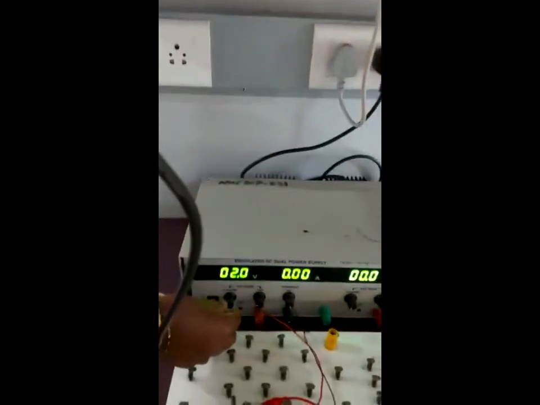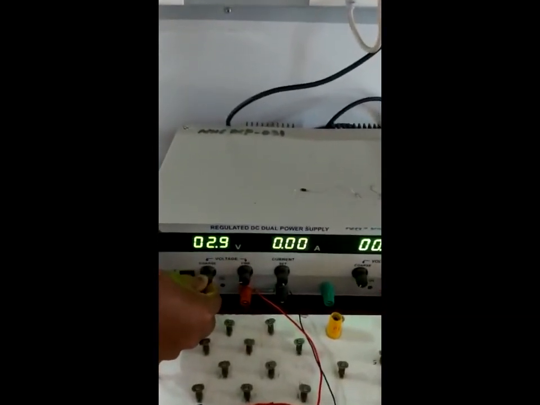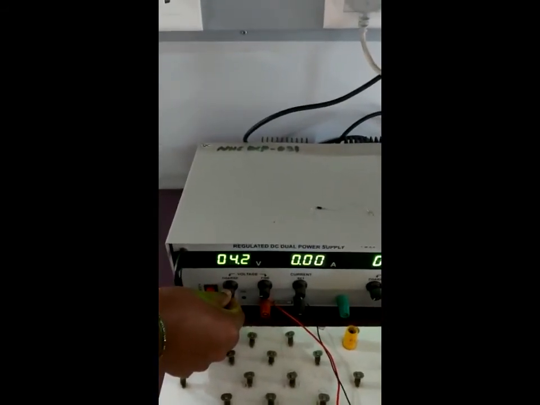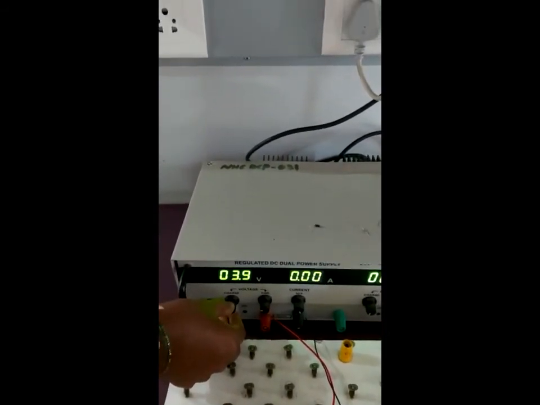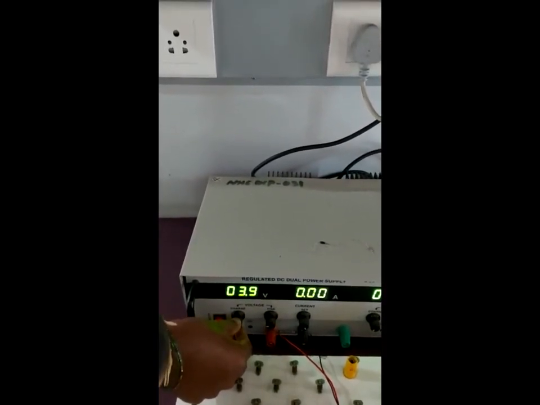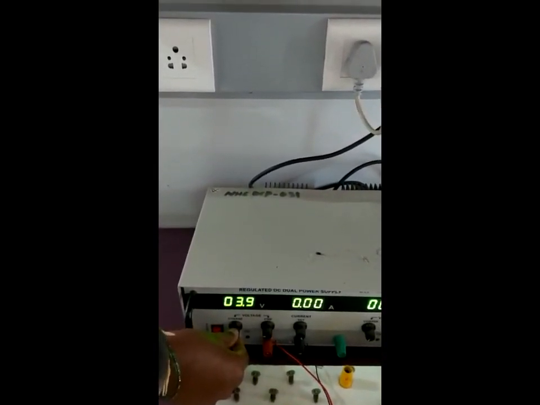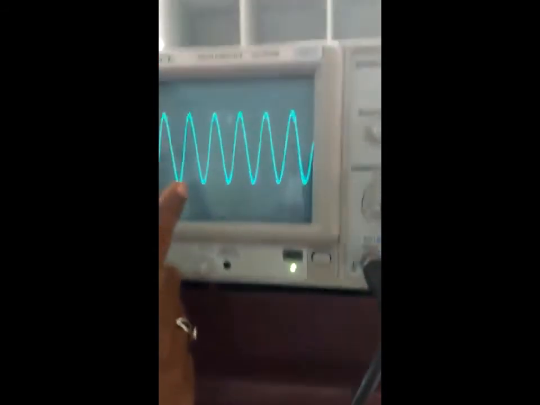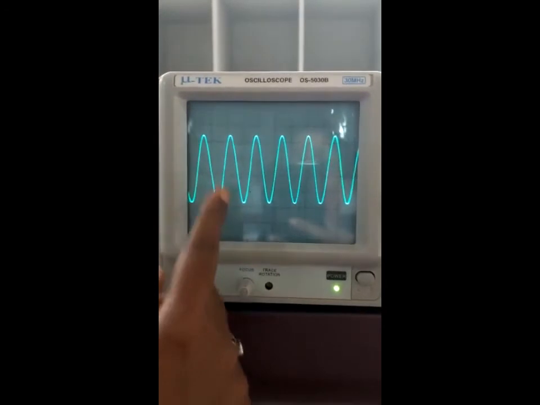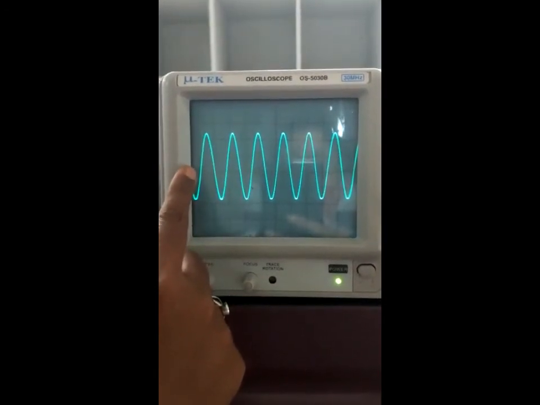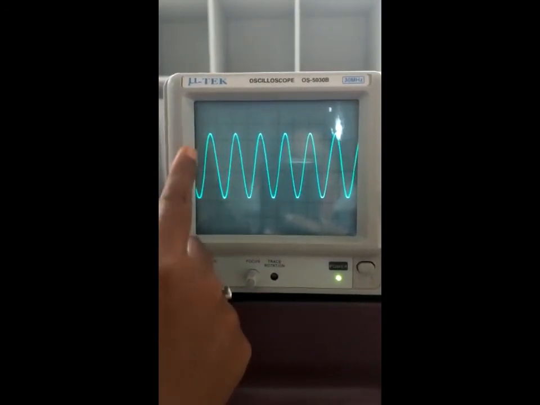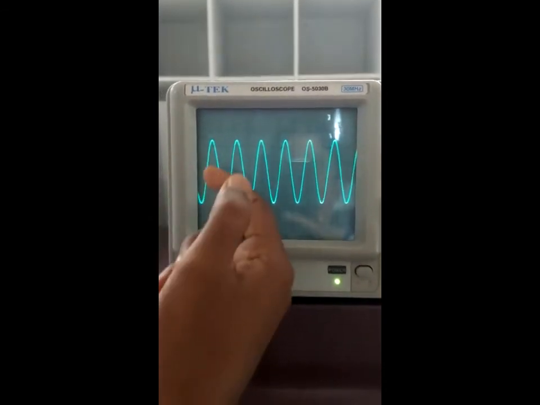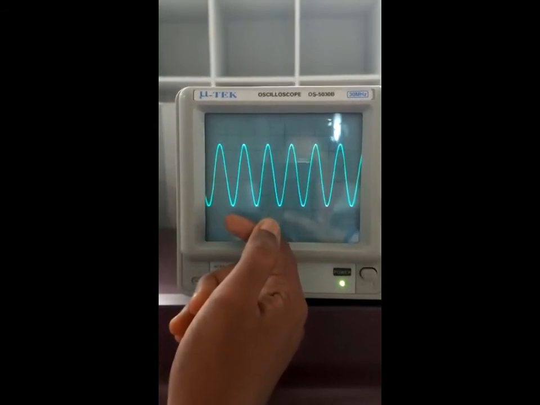Now, if we increase the biasing by 4 volts, then we can see the output waveform is clamped at the DC level of 4 volts in the positive region and 4 volts in the negative region.